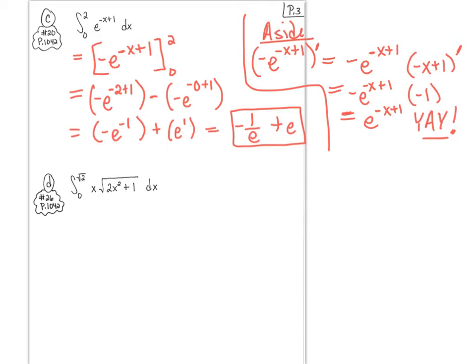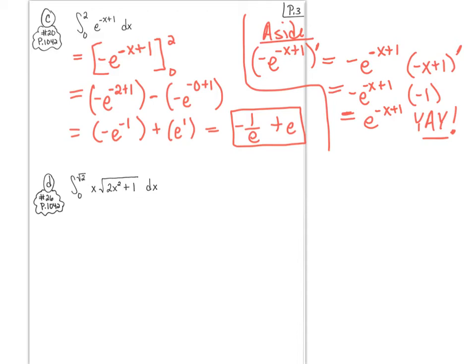Now what we want to do is evaluate the definite integral from 0 to square root of 2 of x times the square root of 2x squared plus 1 dx. What does this look like? This integrand, notice that you have a composition of functions and you have an x out here.